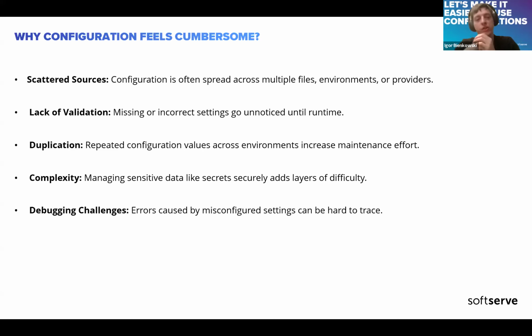Duplication, of course. If we have multiple sources, like let's say Key Vault, appsettings and arguments, these sources of configuration could have the same keys, the same entries, which sometimes causes issues. Also complexity. I'm always thinking, when we put secrets or connection strings, for example in the appsettings, is it secure?